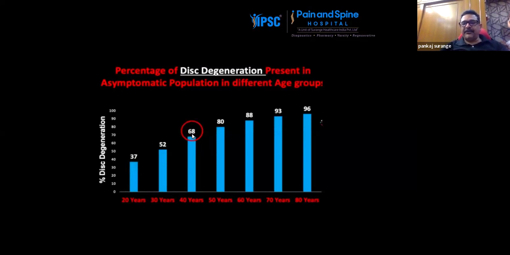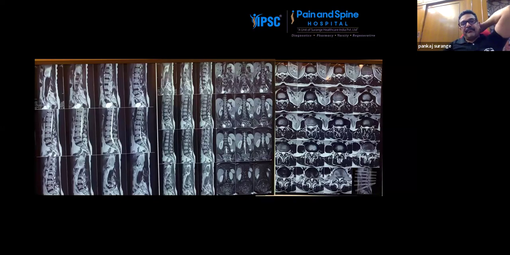At 40 years, 68% of patients, and they may not be having any pain. These are asymptomatic patients. So disc degeneration is not always painful. Okay, so what is important is that we must correlate clinically with the patient's symptoms.